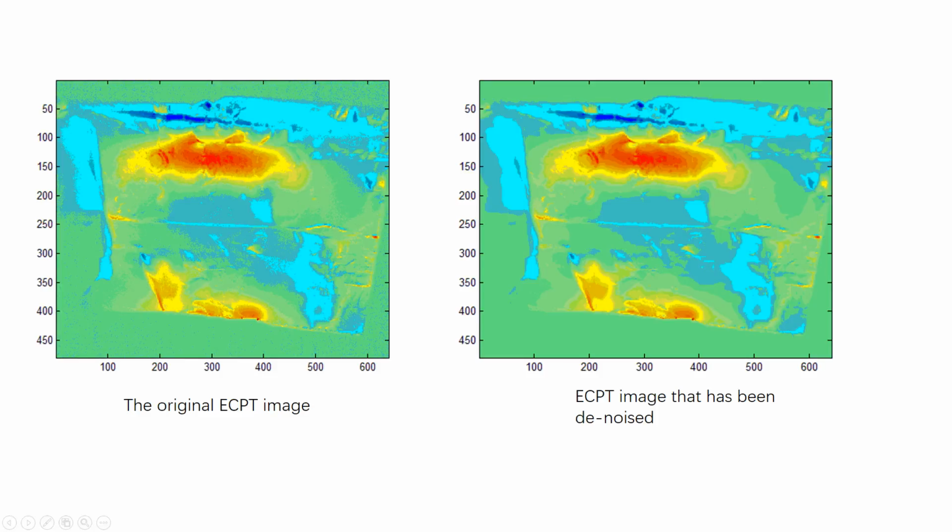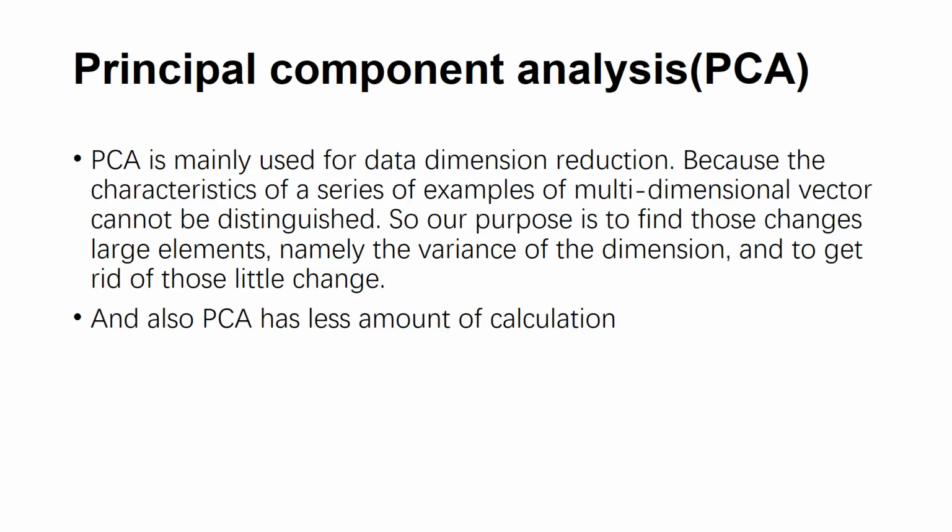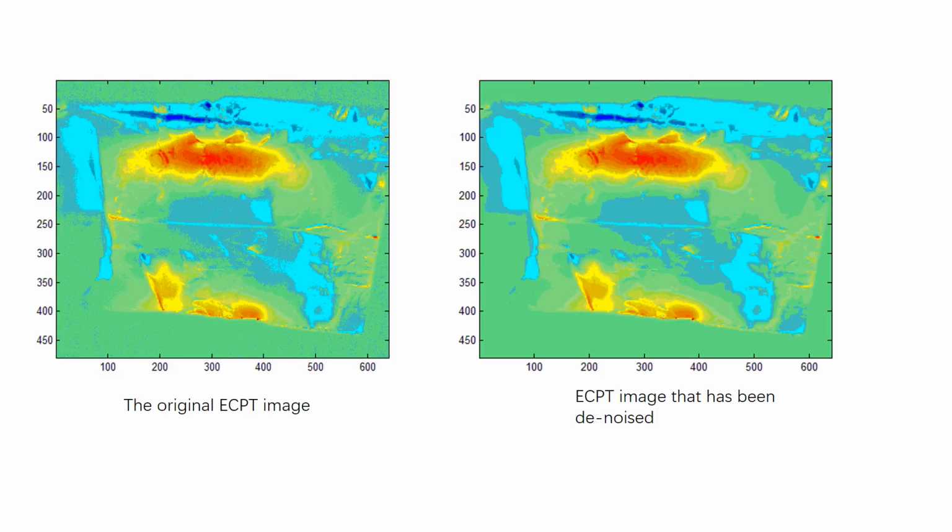The surface of the second image is much smoother than the first one. So we can say the wavelet transform is very good at denoising white noise.